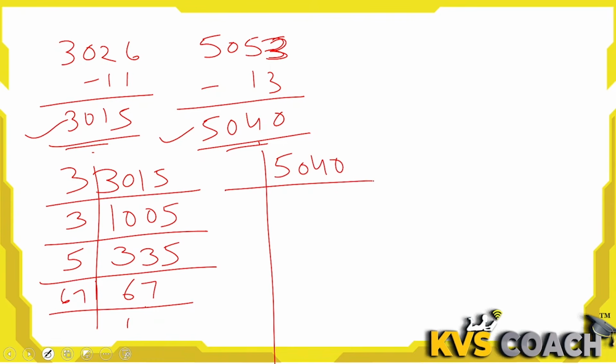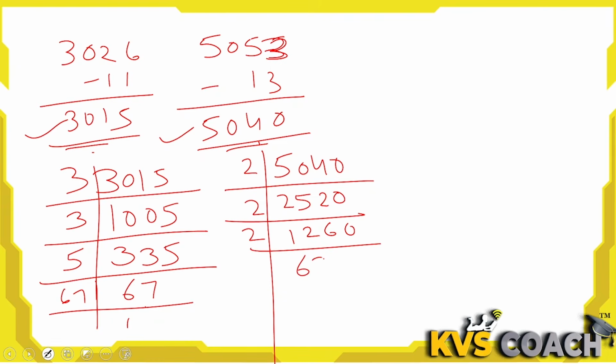Let's do it. 2 2s are 4, 2 5s are 10, 2 2s are 4, 0. 2 1s are 2, 2 2s are 4, then 2 6s are 12, 0. 2 6s are 12, 2 3s are 6, 0. 2 3s are 6, 2 1s are 2, and 2 5s are 10.